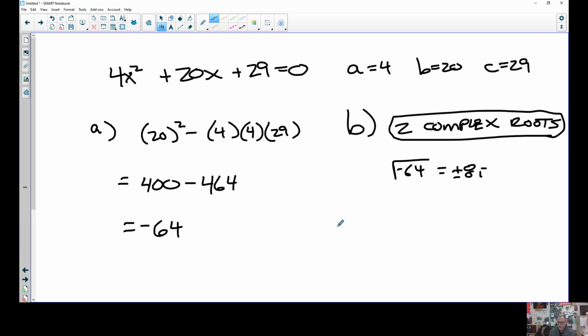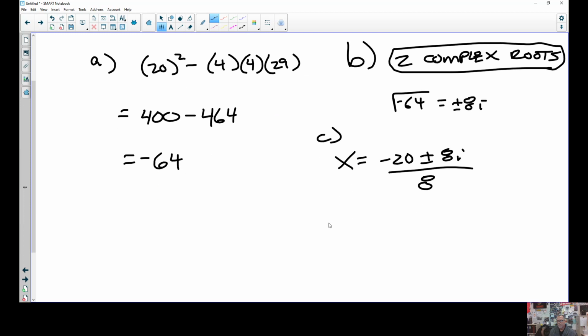So when we go down here and say now for C, X is equal to negative B, so that's negative 20, plus or minus 8I all over twice A. That's over 8. So what can we do here? Well, it looks like I can take a 4 out of everything on top.